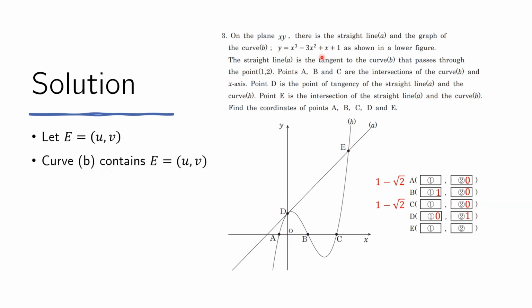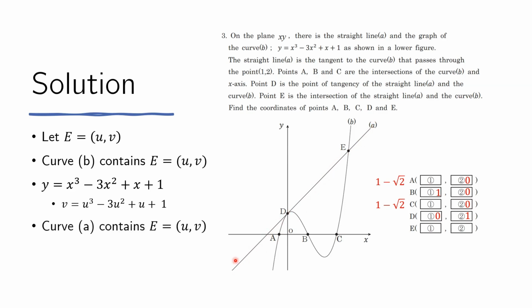So let us replace the y's here with the v and the x's with u, and this is what we get. Now, E is also part of line A, and the equation of line A is this. So we can replace the y's here with v and the x's with u. And this is what we get.